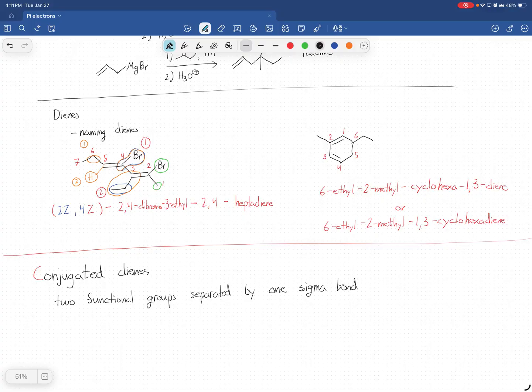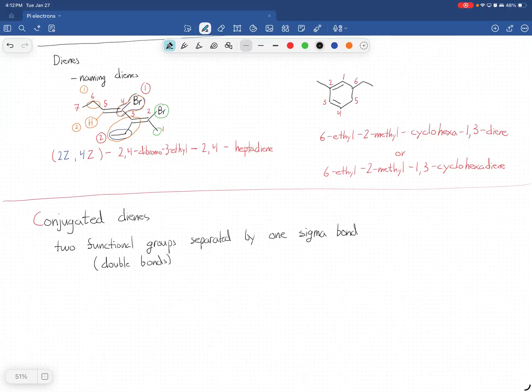In this case, our functional groups are double bonds. It can also be triple bonds, but usually double bonds in our case for our conjugated dienes here. So this is what a conjugated diene looks like. The double bonds are separated by one sigma bond, so that's a conjugated diene.